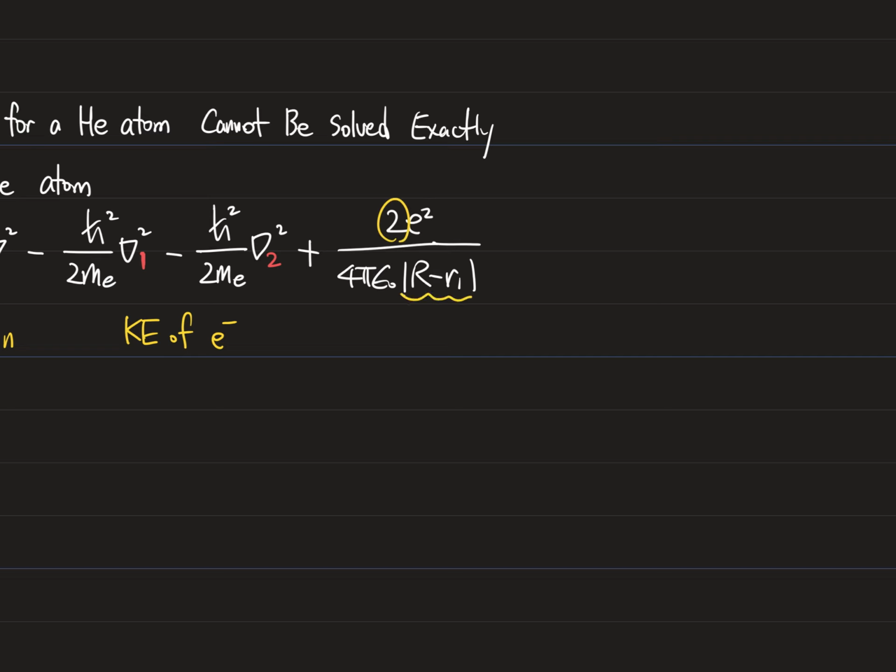And this is the distance between the nucleus and the first electron. There should be a minus sign here. And a similar expression for the second electron.